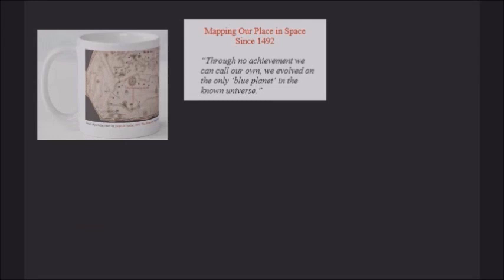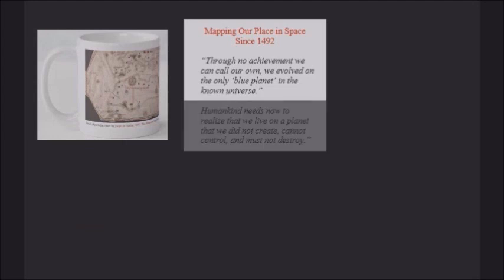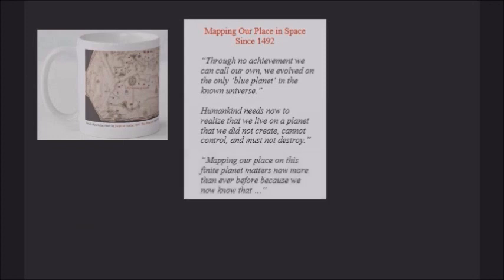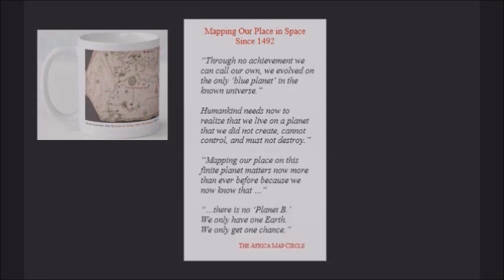Through no achievement we can call our own, we have evolved on the only blue planet in the known universe. Humankind needs now to realize that we live on the planet that we did not create, cannot control, and must not destroy. Mapping our place on this finite planet matters, now perhaps more than ever before, because we now know that there is no planet B. We only have one Earth.